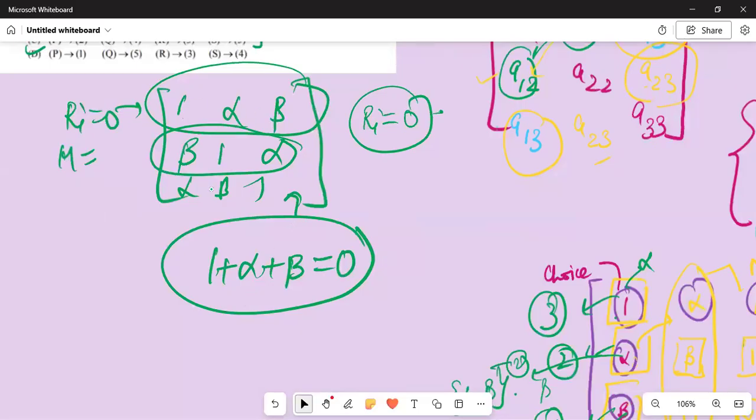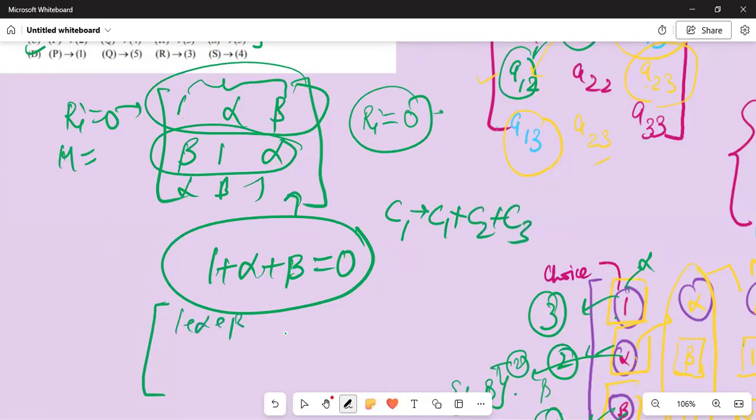Now you know that if you are using column transformation or row transformation, that is not going to affect the value of your determinant. So you can use it freely. That means you add these entries together. For column 1, if you do C1 plus C2 plus C3, you'll be getting 1 plus alpha plus beta because all the entries appear. This is just an example of a matrix.